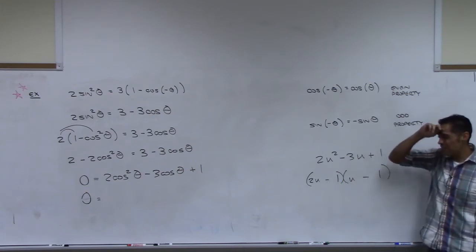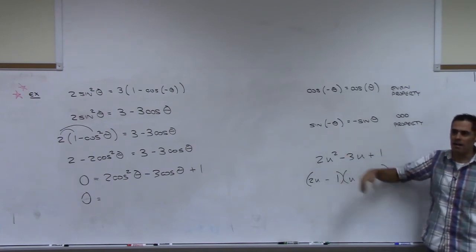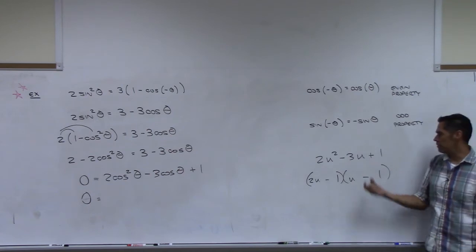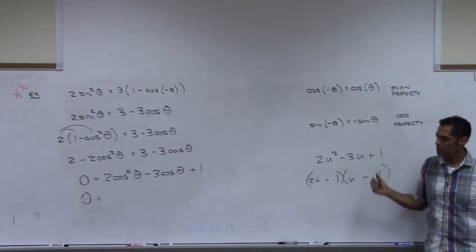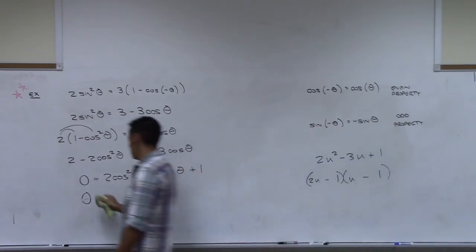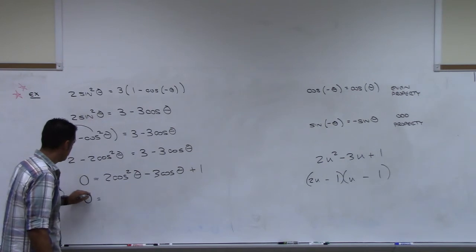What I'm trying to get you to see here is that that's a quadratic. It's a quadratic with a trig function instead of just a letter like u or x. I mean, we could still use substitution in that. You could use substitution here, yes.